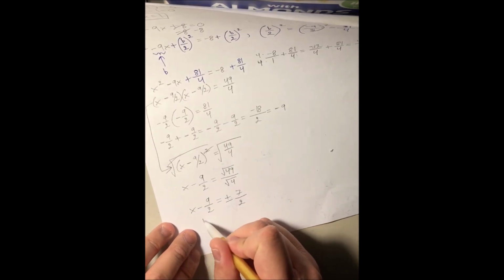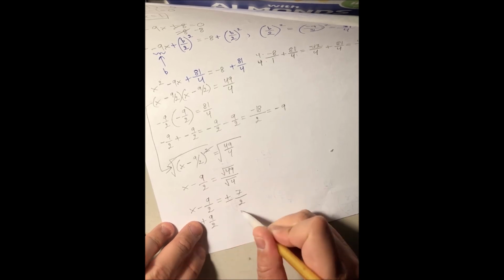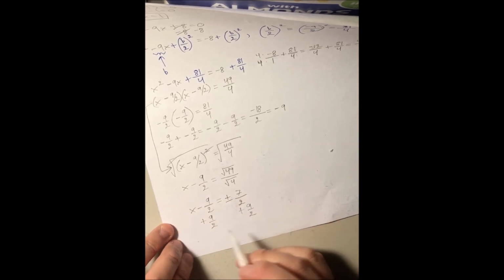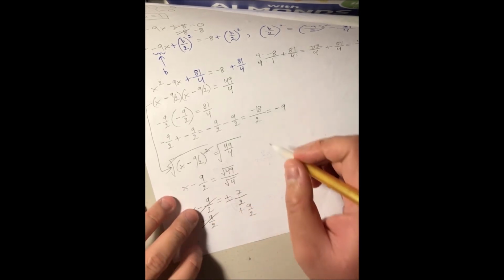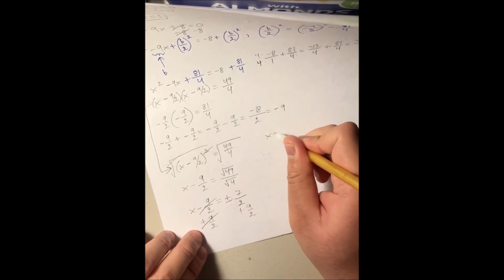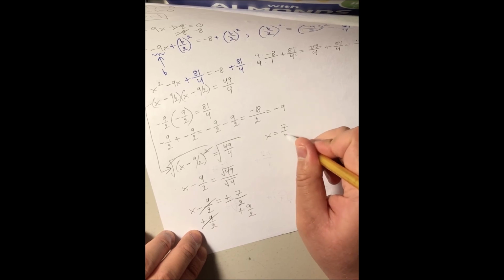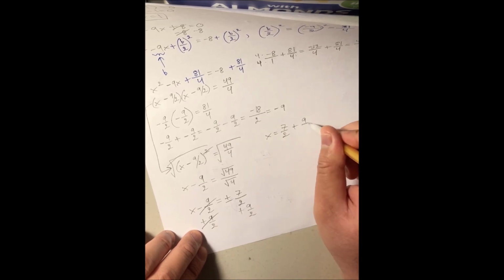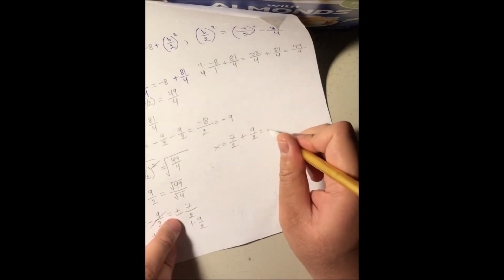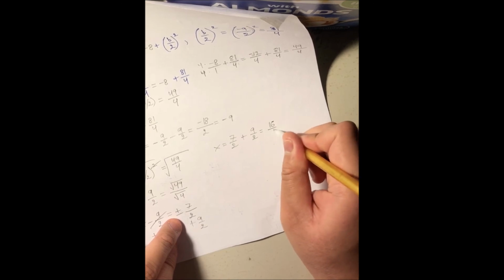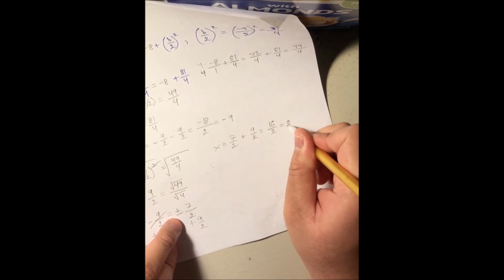Now we want to solve for x, so we can add 9 over 2 to both sides. Now with the plus and the minus, there are going to be two cases. Case 1 is going to be x equals positive 7 over 2 plus 9 over 2. And that's going to give us 16 over 2, which is positive 8.